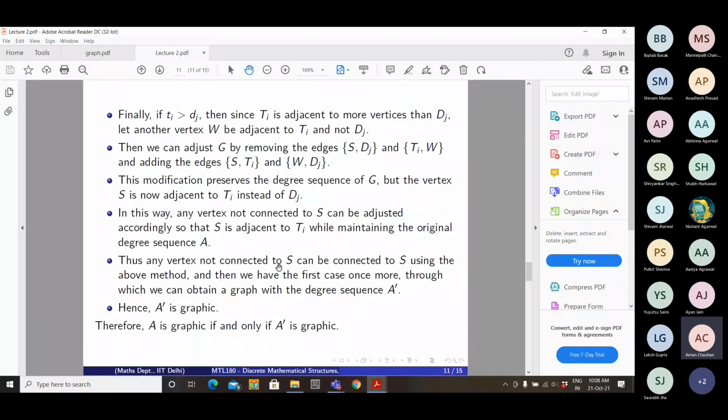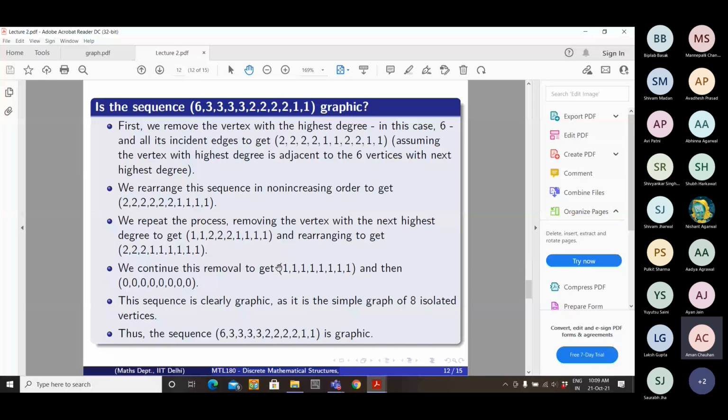So some examples. You are given a degree sequence, and you have to tell whether this degree sequence is graphic, and we will apply the Havel-Hakimi theorem here. At the first step, this degree sequence is graphic by the Havel-Hakimi theorem if and only if 3 minus 1, 3 minus 1, 3 minus 1, 3 minus 1, then 2 minus 1, 2 minus 1, 2, 2, 1, 1 is graphic, right?